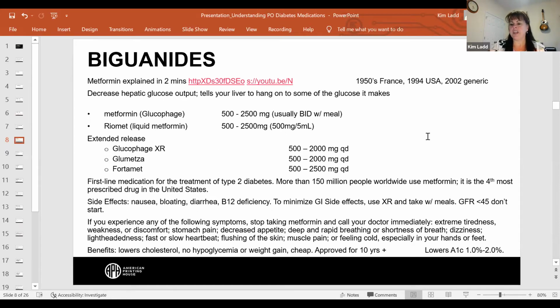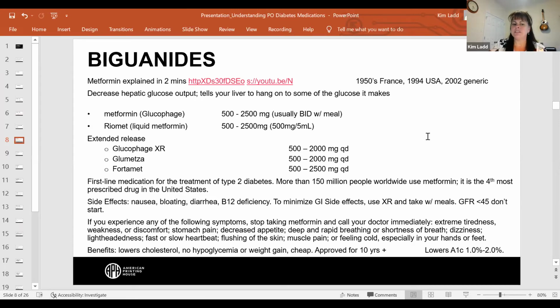Metformin is usually taken twice a day with meals. However, there are extended release options, known as Glucophage XR. Anything that has an XR or an ER after the name stands for extended release, so you know that's a once a day pill. Glumetza is also a once a day metformin, and Fortamet is the other one.